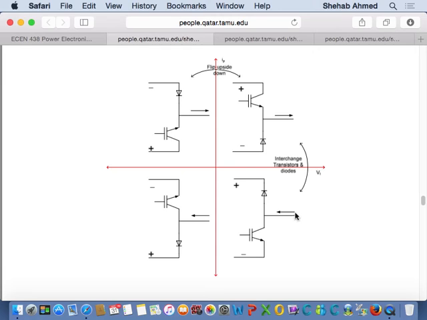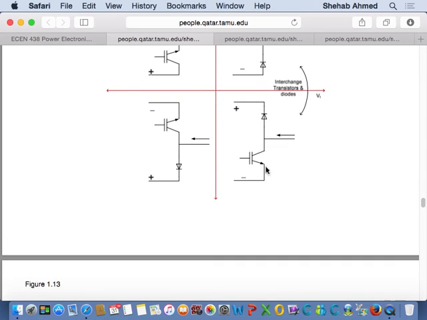It will work fine. Current can flow in this fashion, right? Current can flow in this fashion. This potential is the most negative potential in the circuit, right? That means this potential is a bit higher. That means I can turn on and turn off my switching device as well, right? So I've satisfied the turn-on, turn-off conditions as well as my current flow conditions.